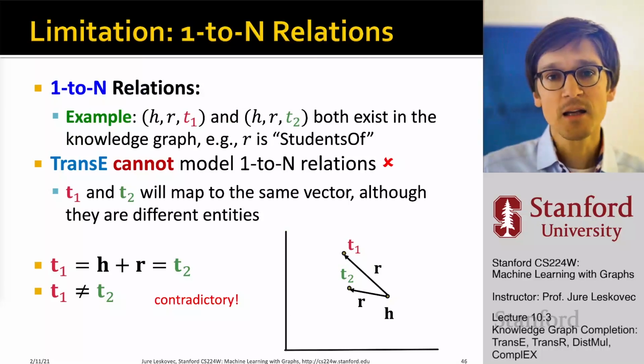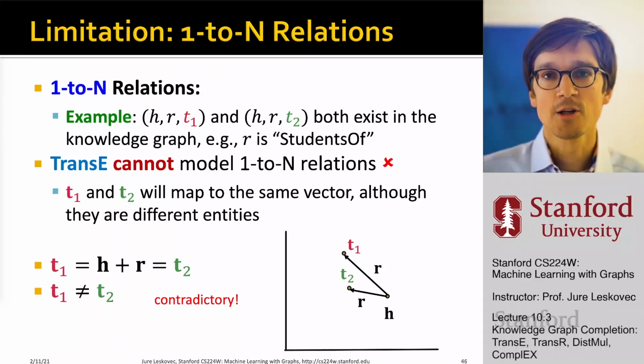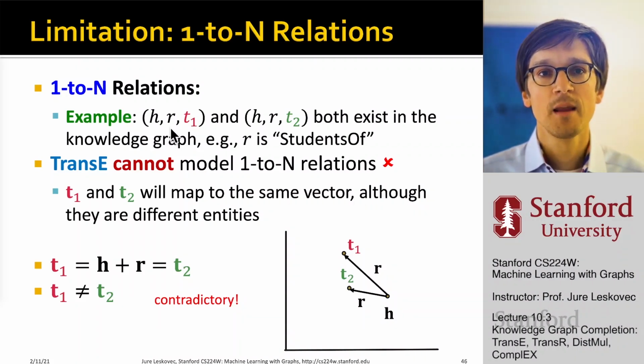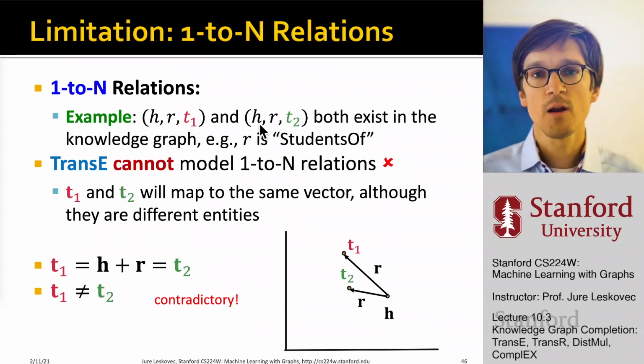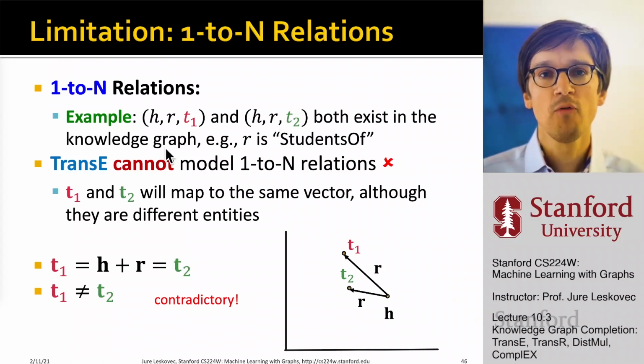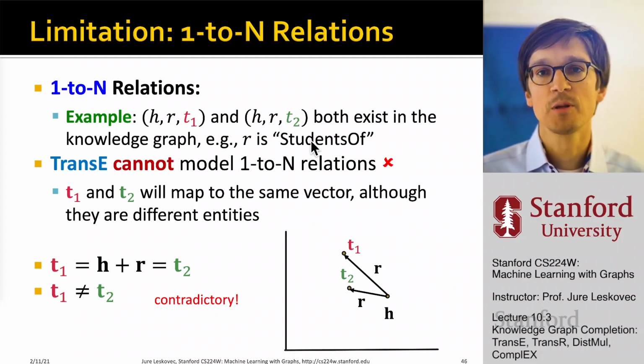And then another thing that TransE cannot do is one-to-n relations, right? The idea is that if I have a head and a relation, and maybe this is a one-to-n relation, then I want to go from head according to relation R to T1, and I also want to be able to go from head according to relation R to T2. Both exist in the knowledge graph. For example, student of, right? I can be a mentor of two students simultaneously.